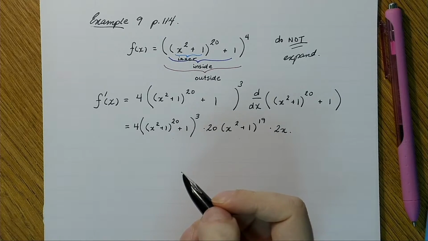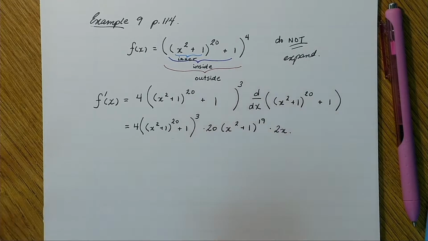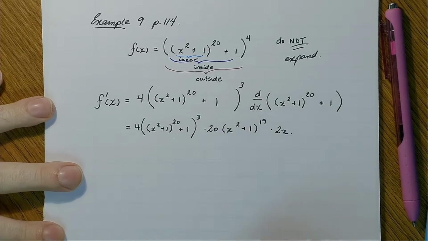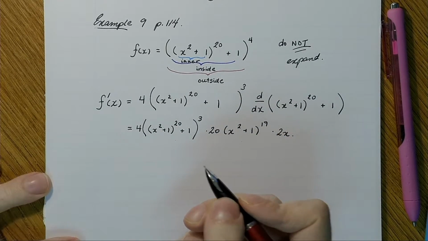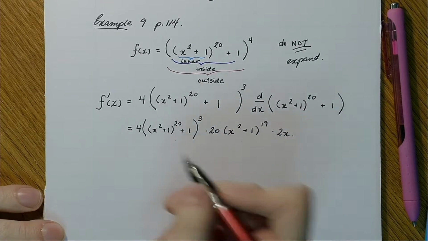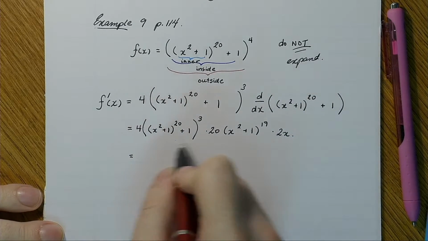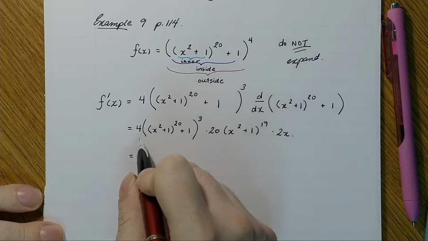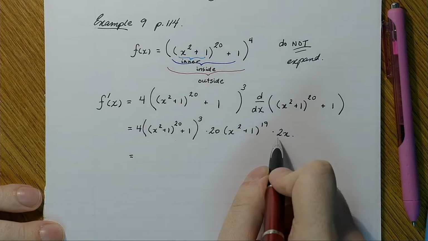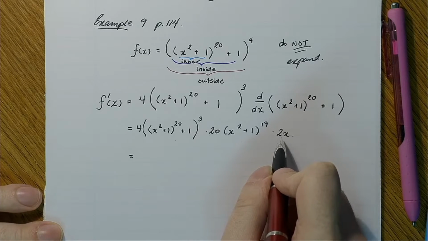And then Maria's question, which always should pop up, is, am I done? No, because there's some simple things that we could do. 4, 20, and 2. 20 times 4 is 80. 80 times 2, or 8 times 2 is 16, so put the 0 at the end of there.